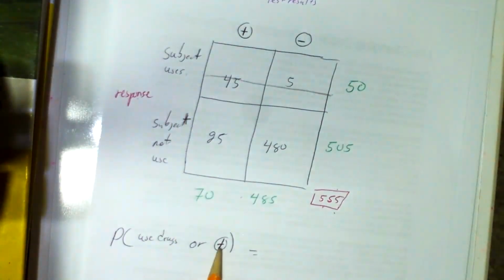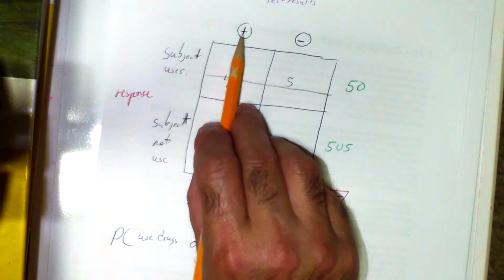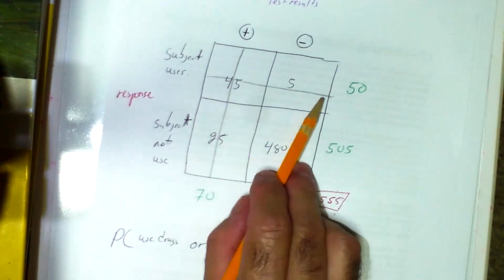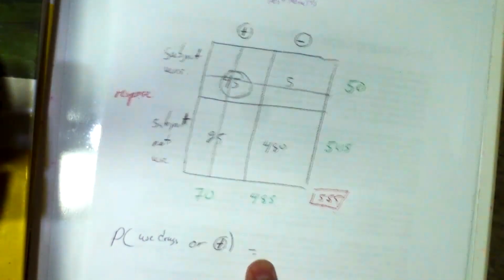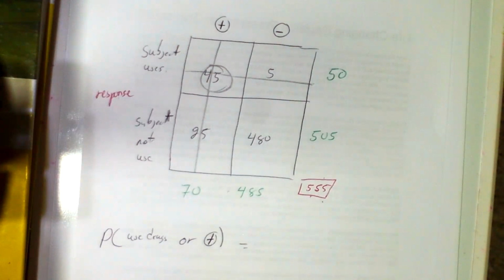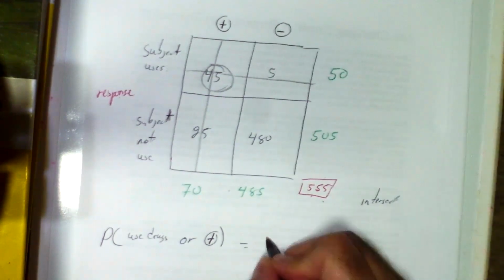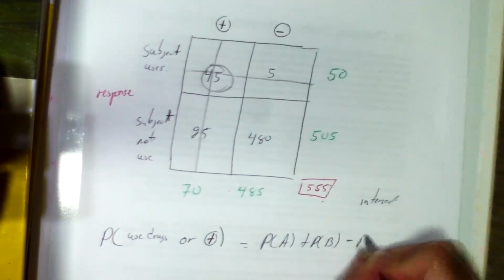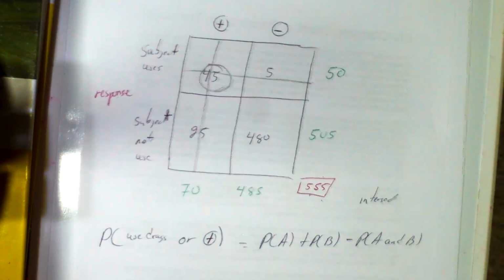And then I'm going to draw a line on my plus. Plus is a column category, so I'm going to go down, right? Notice when I drew these two lines, the two lines intersect, which tells me that I'm going to use the overlap intersection formula. So I'm going to do probability of A plus the probability of B minus the probability of A and B. I got to use that formula, right?